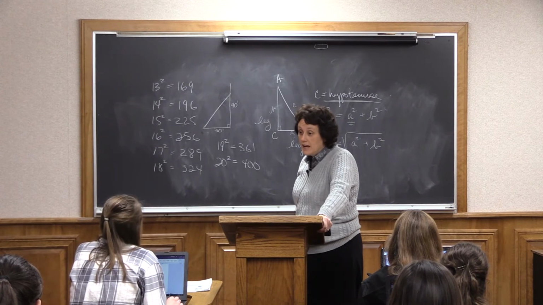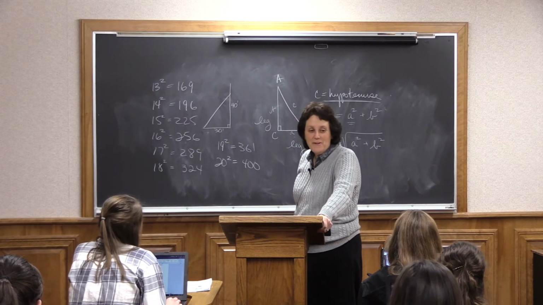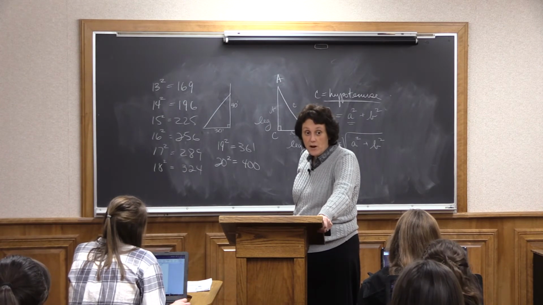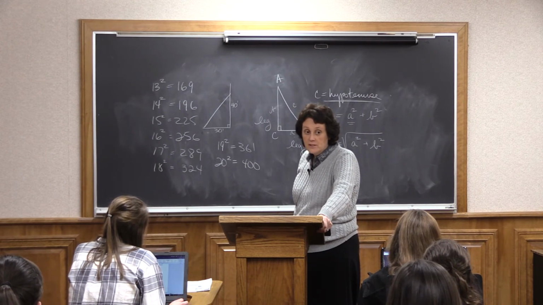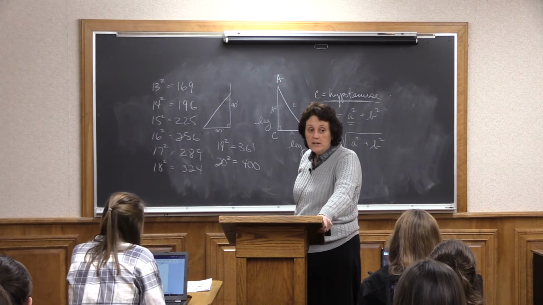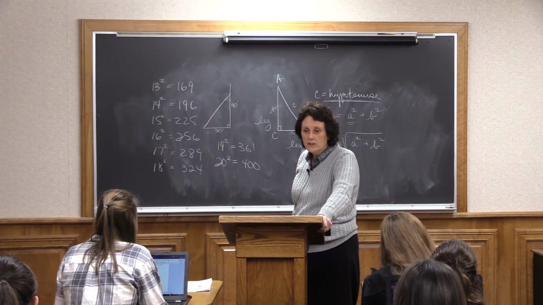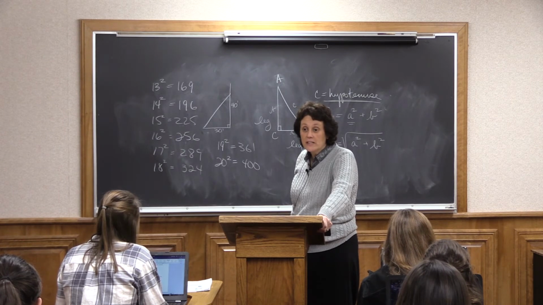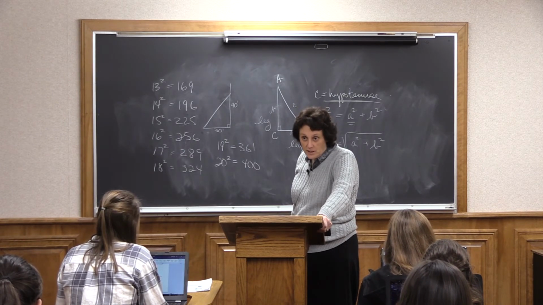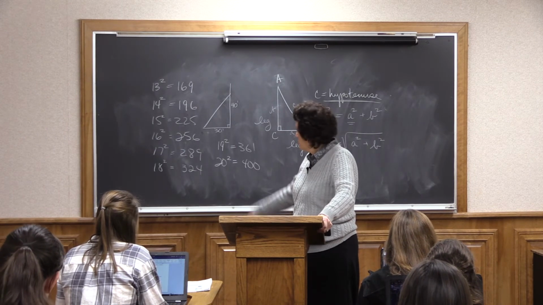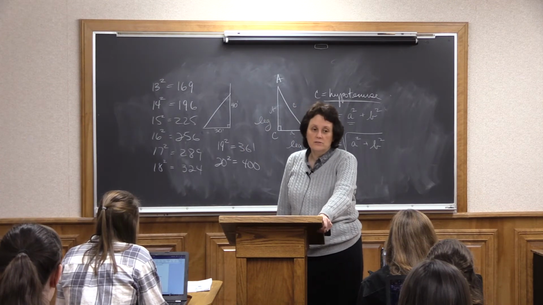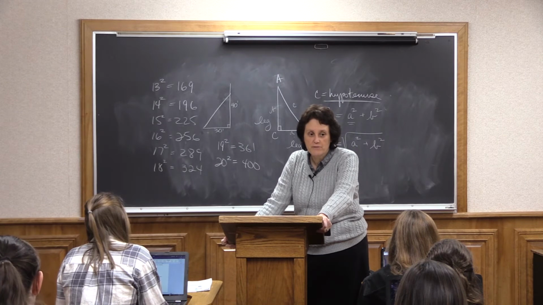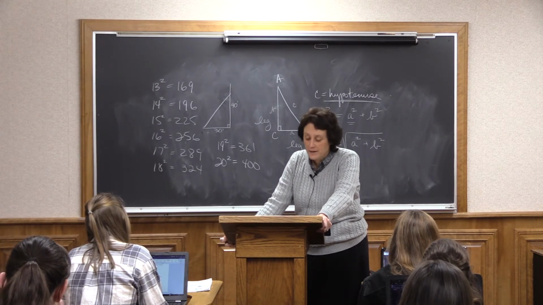We will also have to allow them to use a calculator on application problems. In my opinion, when we're doing just regular sides of triangles, we should leave the answer irrational: square root of 13, square root of 17, square root of 10, square root of 42, okay?